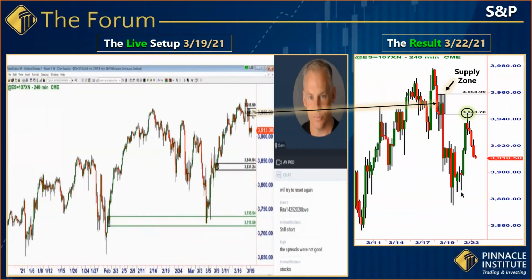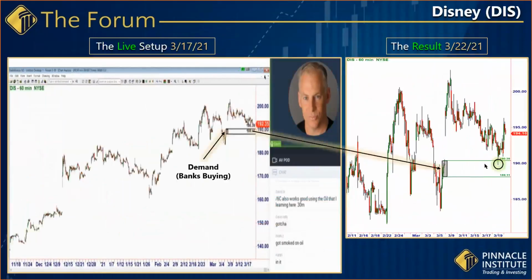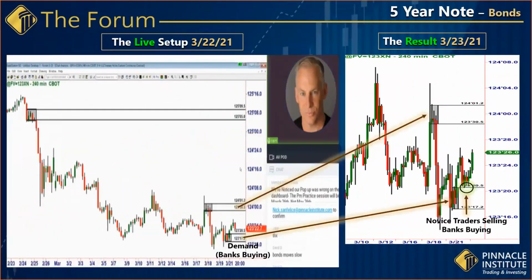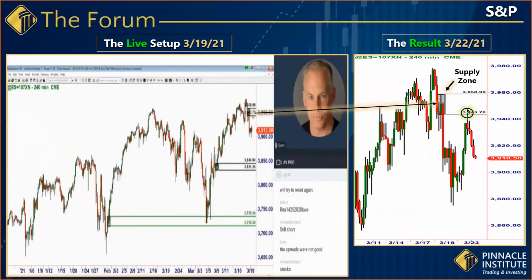So price rallies from this demand zone all the way up to this supply zone. And again, some inverse markets came into demand here. Therefore, competition to sell at supply pushes price lower and the stock market falls, right?